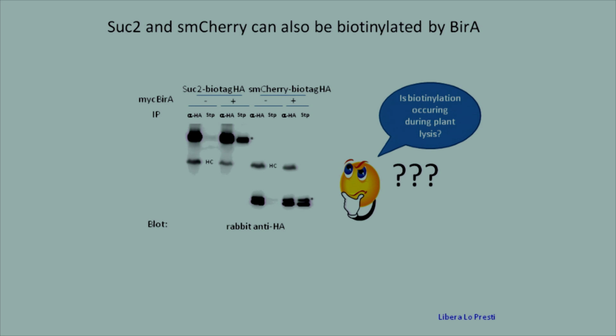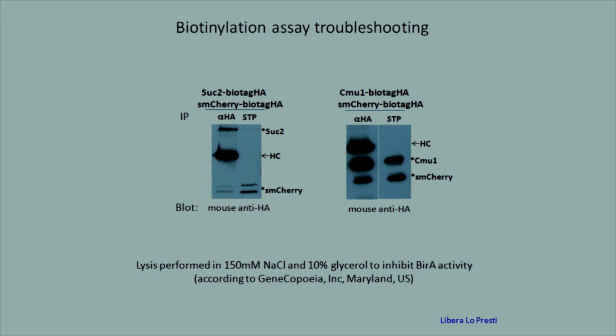So how does one cope with the problem? Well, we looked in the literature and found out that you can inhibit biotin ligase activity by raising the amounts of sodium chloride and by adding glycerol.